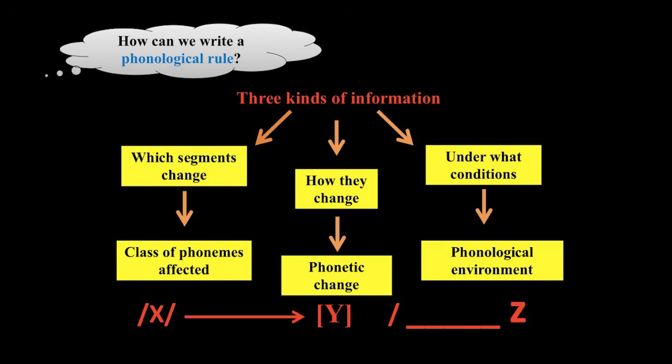What is the phonological context in which this change takes place? So when you write X becomes Y whenever it is followed by Z, X is exactly the phoneme that is affected, and Y is exactly the phonetic change, how that X changed. And also, before Z or when it is followed by Z is exactly the phonological context when that change takes place.